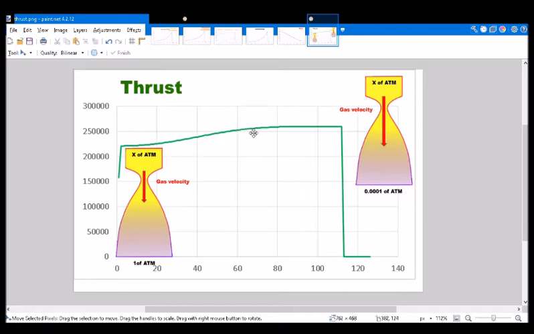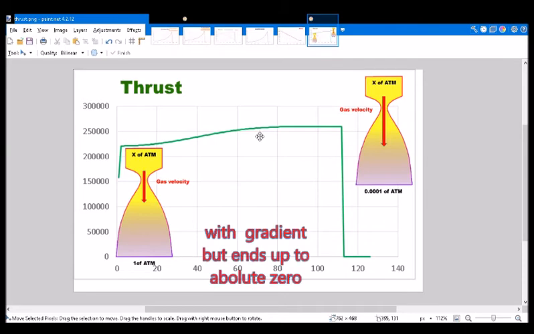And the increase stops, and it's now the same. This means we are in the vacuum of space. In this simulator, the atmosphere disappears after 58 kilometers, not gradually as in reality.